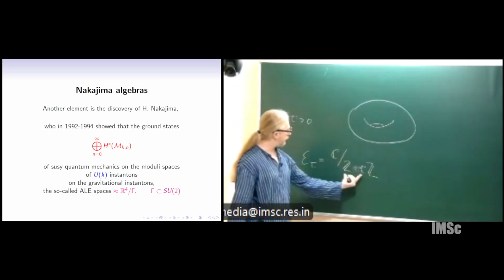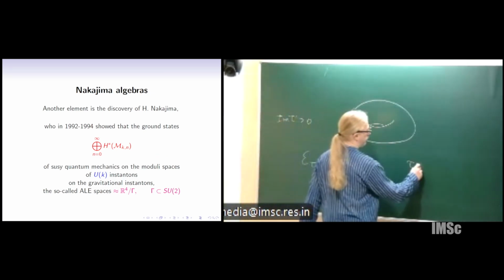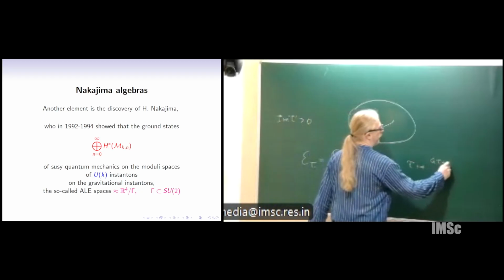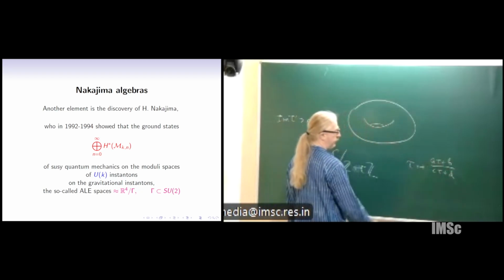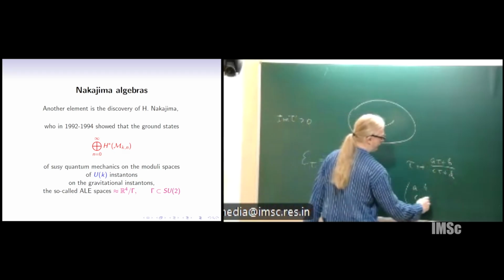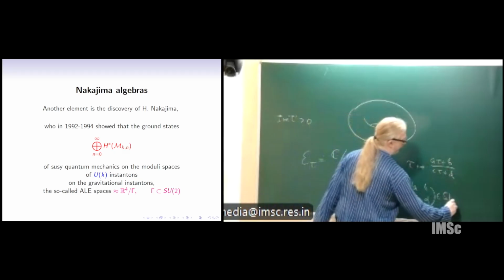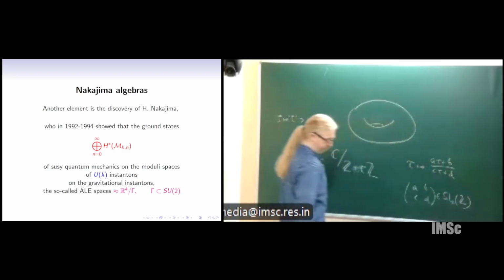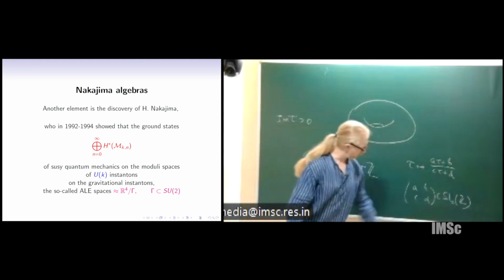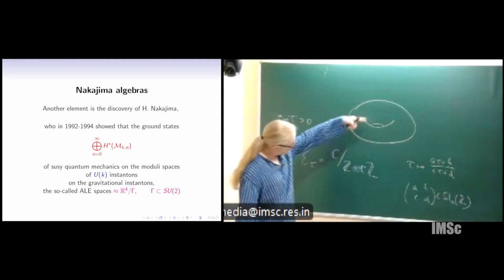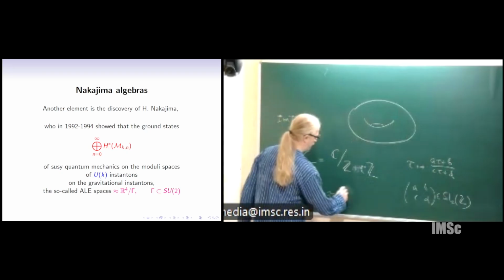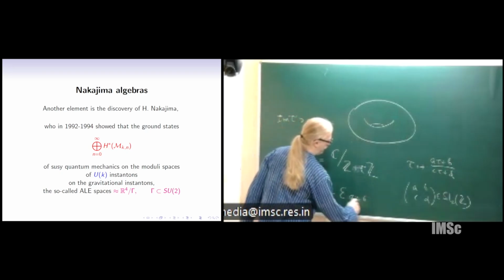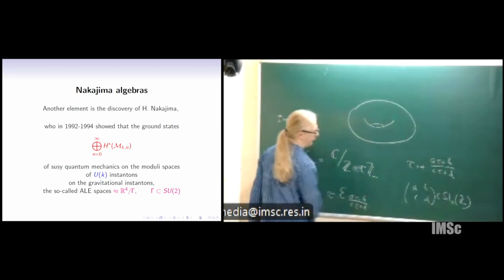But the main thing is that if you change tau to the fractional linear transform with A, B, C, and D, an integral 2x2 matrix with unit determinant, you get the same, you get an isomorphic elliptic curve.